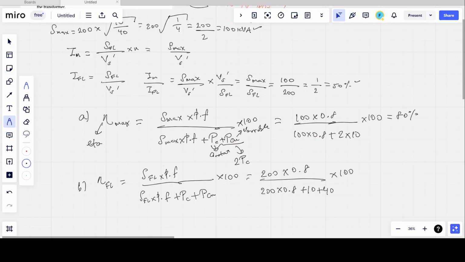200 times 0.8, which I'm going to get as 160. So I have that answer divided by answer plus 10 plus 40, which is 50. And then I'll multiply that by 100.